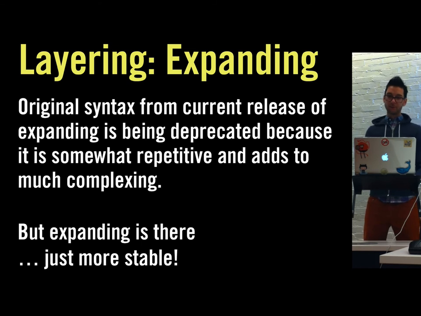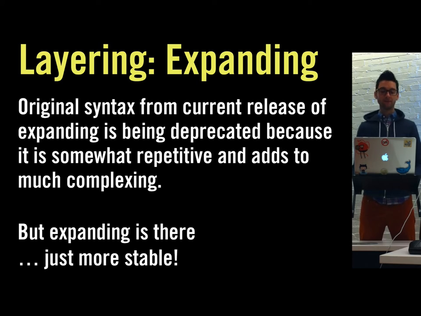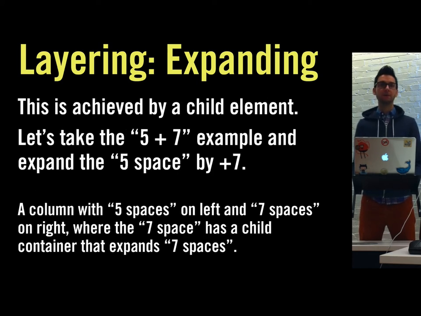Layering and expanding is in the current release that's on GitHub, but I'm moving away from expanding on the block to element level, so space cell and those modifiers is no longer going to have expanding capabilities, just because there's really no need. It's fulfilled by the same experience from offset and also in gap, which I'll talk about in a moment. But it is still kept in for the child elements.